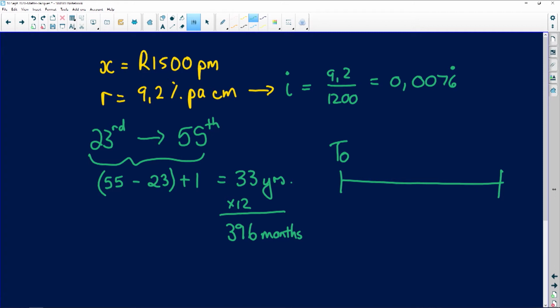So this annuity ran for 396 months, up to his birthday.